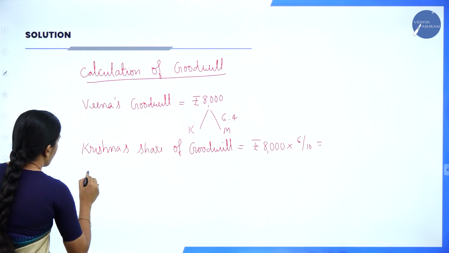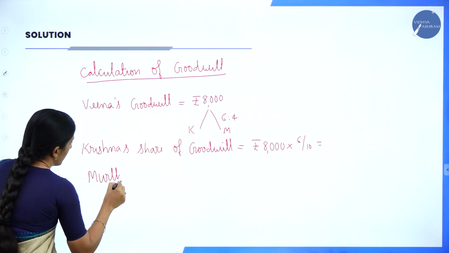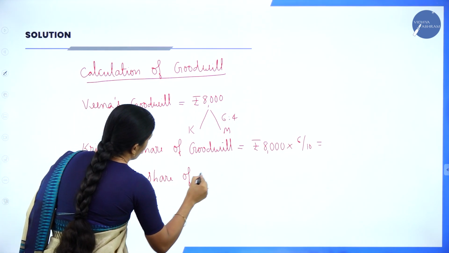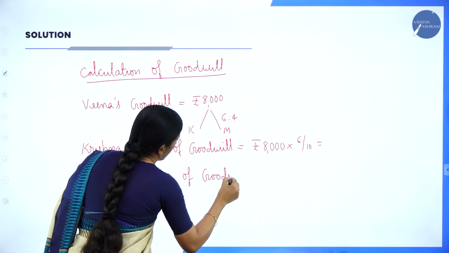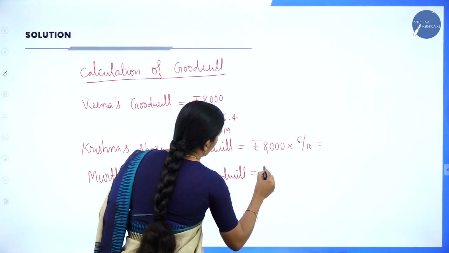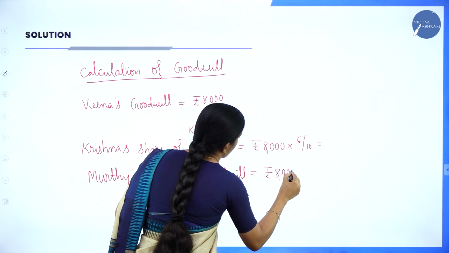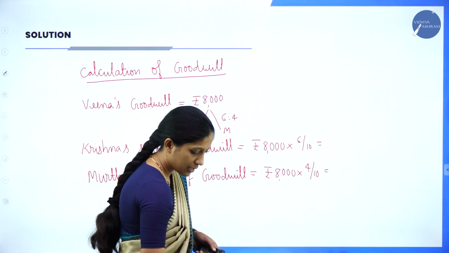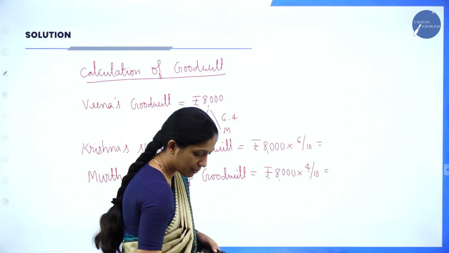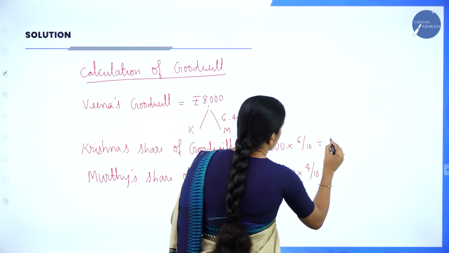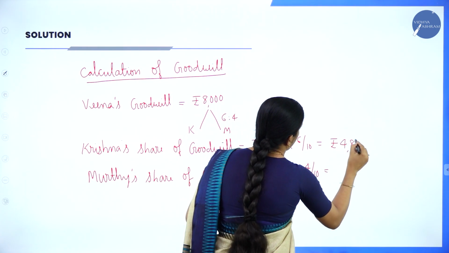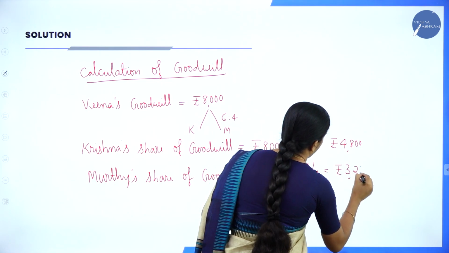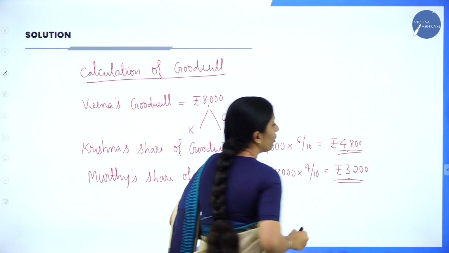In the same way, Murthy's share of goodwill is equal to rupees 8,000 into 4 divided by 10. So 8,000 into 6 divided by 10. So it will be 4,800 and 3,200. So this will be their share of goodwill.